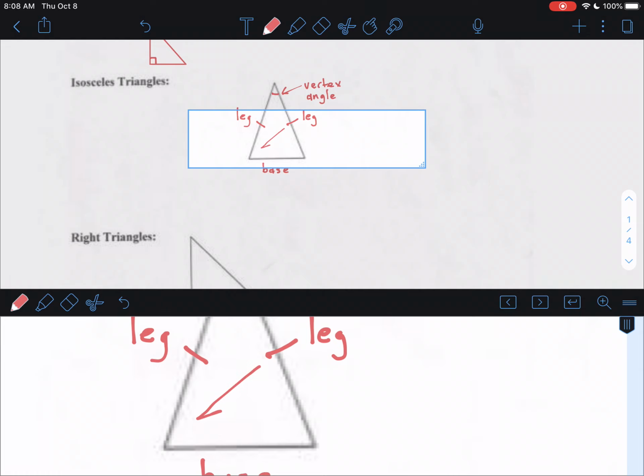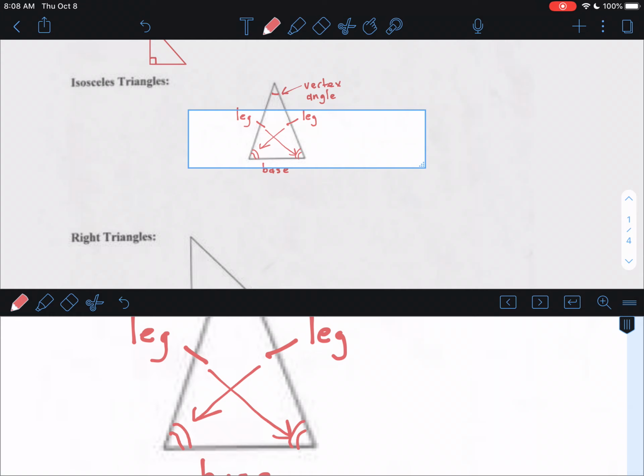So there's that one, and there's that one. And I'm going to mark them both with two curves. Because in an isosceles triangle, not only is it going to have two legs that are congruent, it is also always going to have two angles that are congruent.